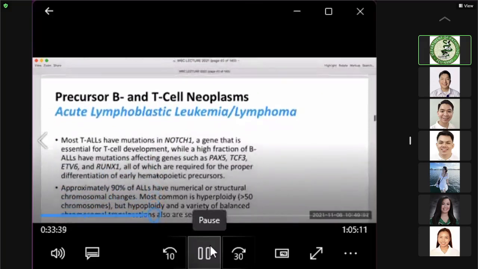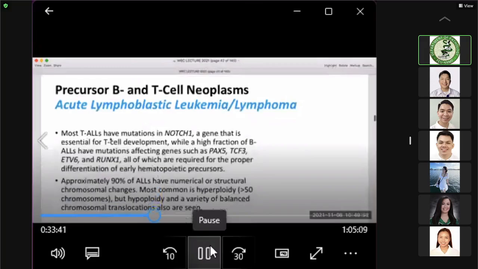Okay. So in ALL or lymphoma, most T-ALLs have mutations, as listed here, NOTCH1, which is essential for T cell development. As for B-ALL, they have mutations affecting these different genes, which are actually genes for proper differentiation of early hematopoietic precursors.